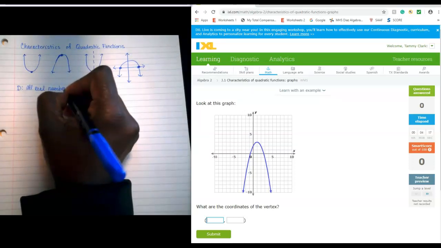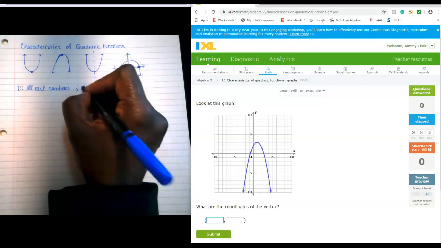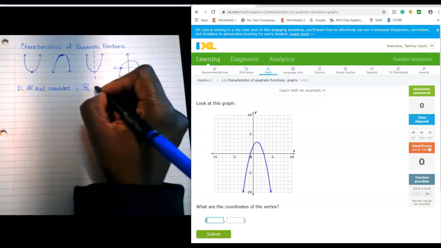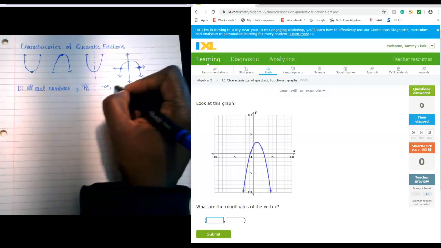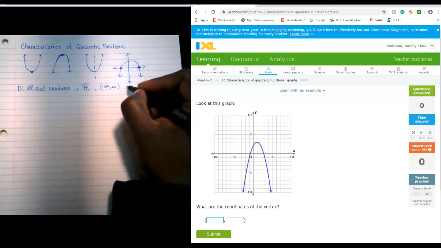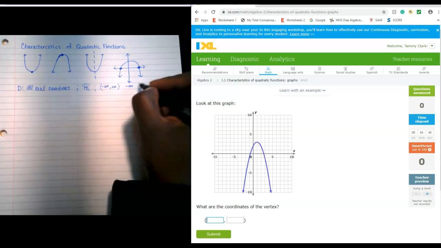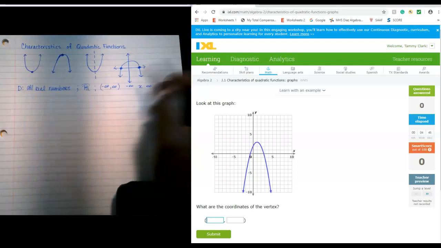We could also write that as the double struck R. We could also write this in set notation as from negative infinity to infinity. We could also write it as all the values of x, so from negative infinity, all the values of x to positive infinity, and then we have to talk about, well, how does that work?